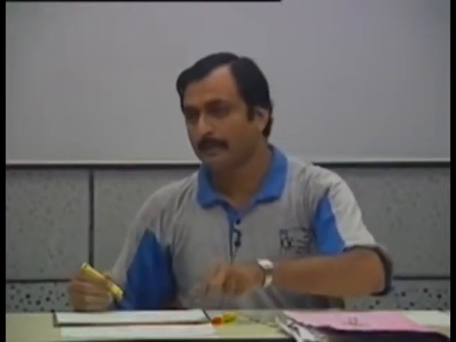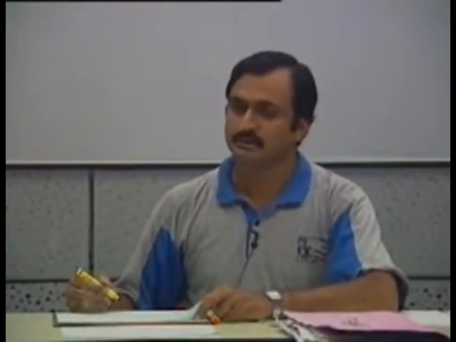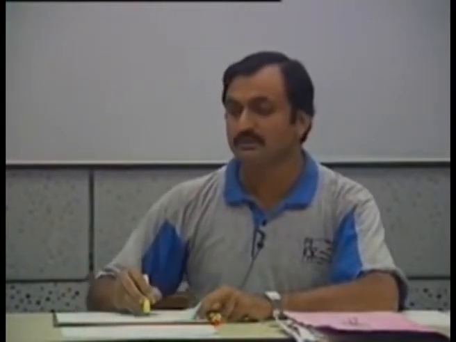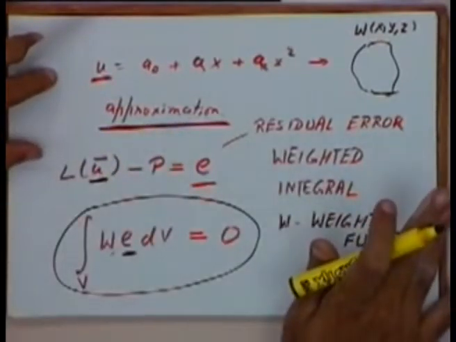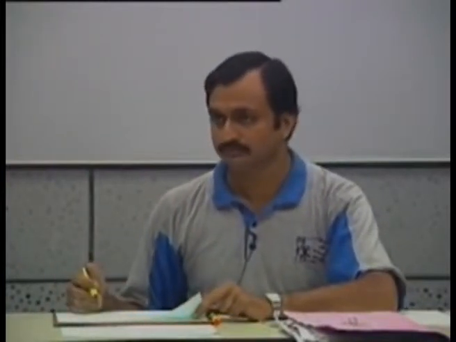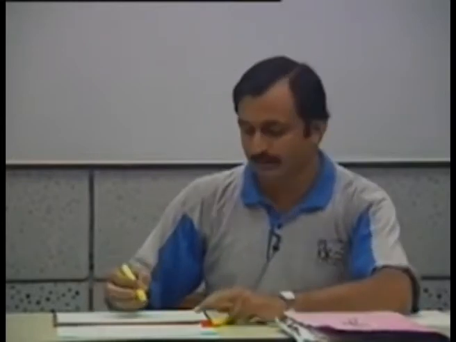No way we are ensuring that it's 0 for any w, no, it's just a better approximation. In any of these approximate methods, there is no way of ensuring that the error is always equal to 0. We are just supposing that u bar will be a better estimate of u. Okay, we will go through the steps involved in the Galerkin's approach, and then maybe it will become clearer.